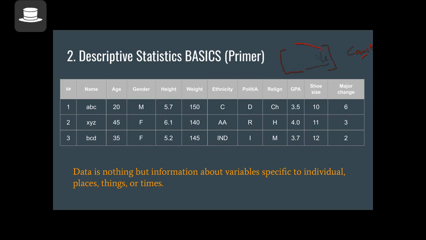A variable is something that changes either from person to person, place to place, or time to time. Any aspect of a person, place, or thing that changes is called a variable.